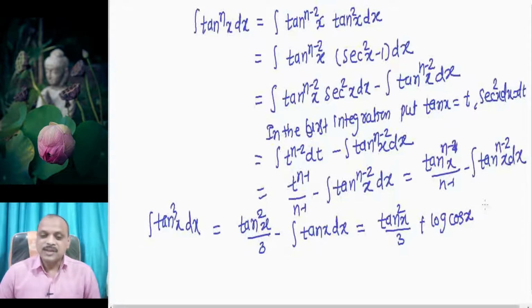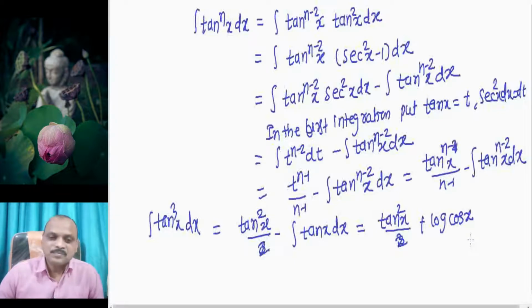Here n minus 1, so 3 minus 1 will give us 2, and we have seen how we arrived at a solution within one step.